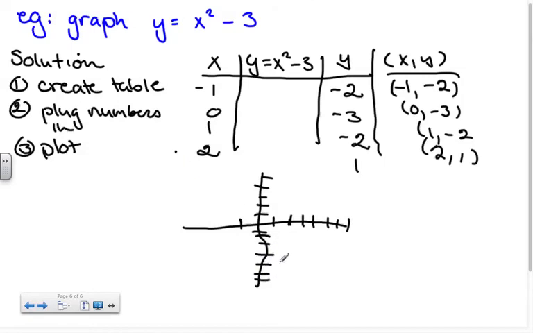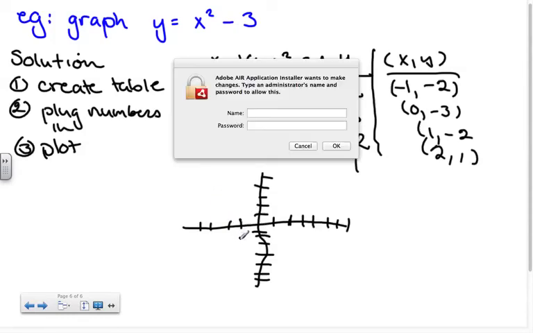So 4, 5, 6, 7, 2, 3, 4. Okay. So -1 is -2 right here. 0, -3. Then 1, -2, and 2, 1.